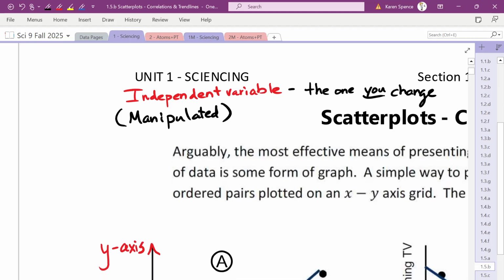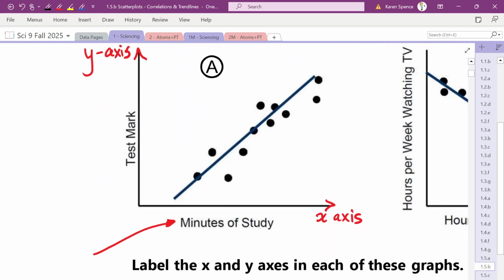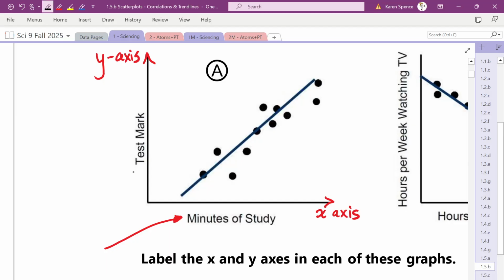Which of our two variables on this first graph, we have minutes of study and we have the test mark, which one is the independent variable? Minutes of study or test mark? Minutes of study, that's the one that's going to have an effect on the dependent variable.